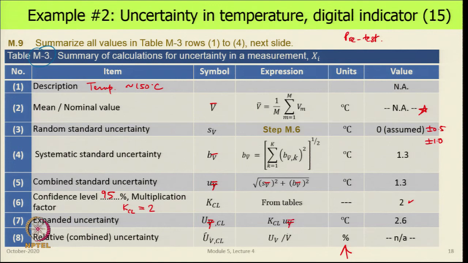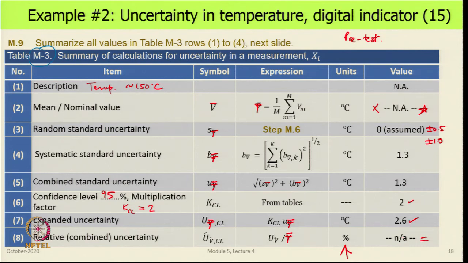This is UT bar, which becomes 1.3 into 2, 2.6 degrees Celsius. So, this is also T. And finally, relative uncertainty we cannot compute simply because we do not have the mean value over here. So, this was not there. So, this is not applicable.